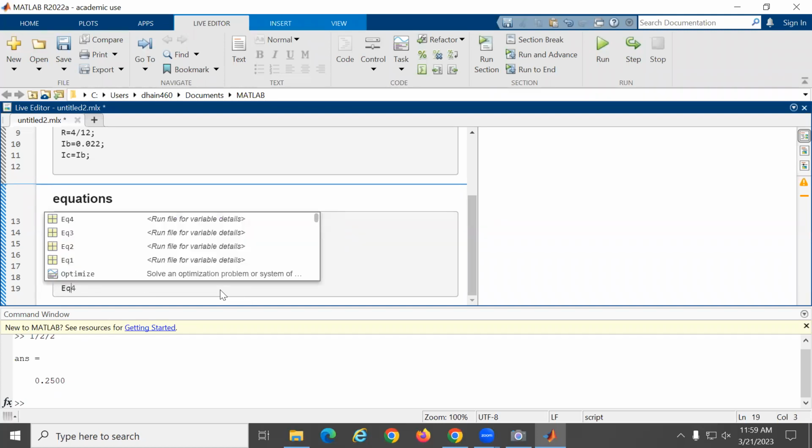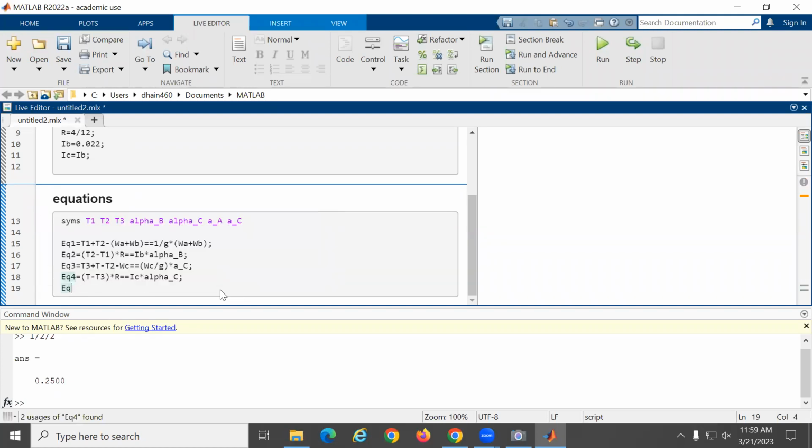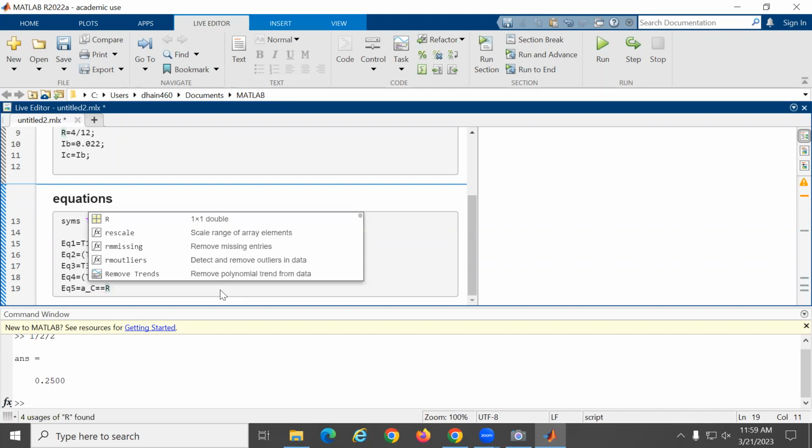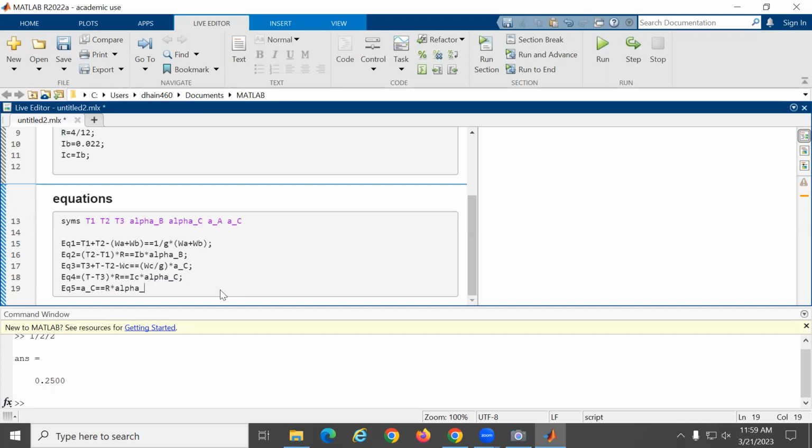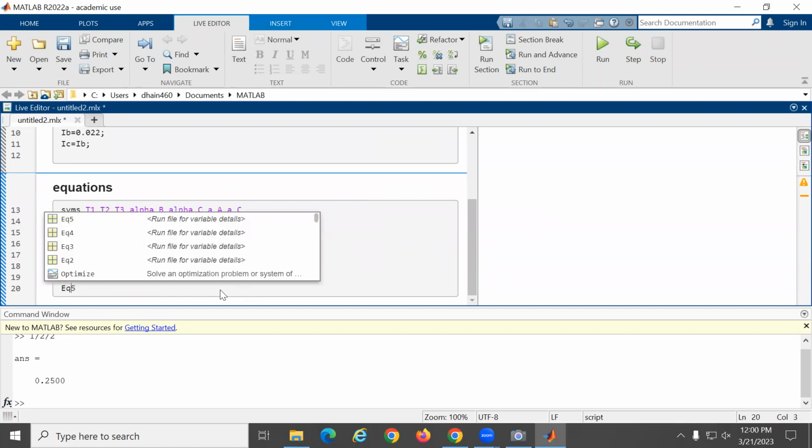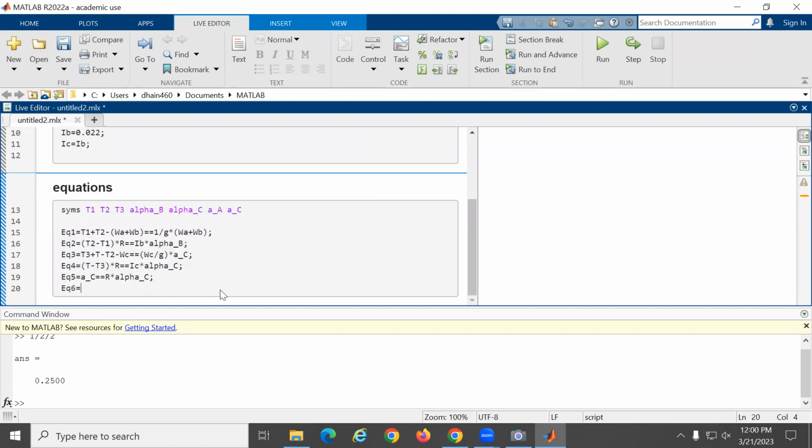Equation 5 that we have will be AC equals, okay, so it's A sub C equal R times alpha C. Equation 6, AC prime equals AC.